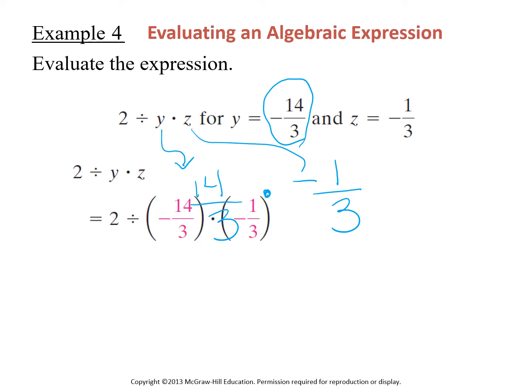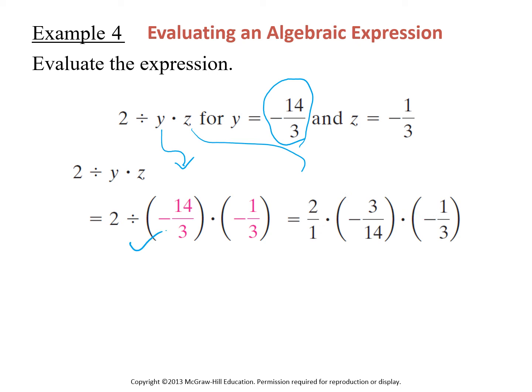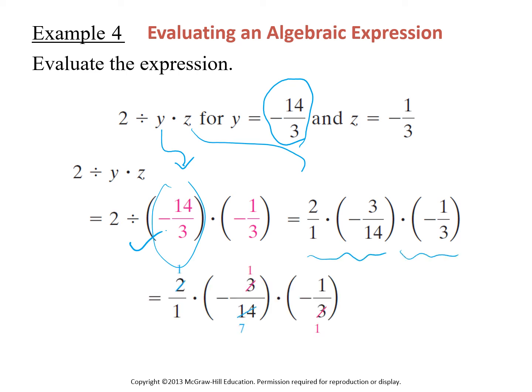So we're going to start with 2 divided by negative 14/3, and so we have to flip this and make it 2 times negative 3/14 and then times negative 1/3. So we're going to be multiplying, and we can multiply all 3 factors at the same time, and we get 1/7 for the answer.